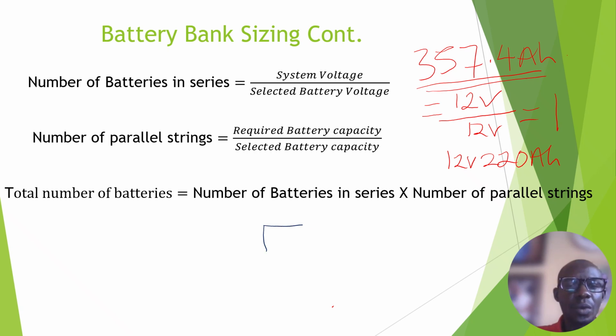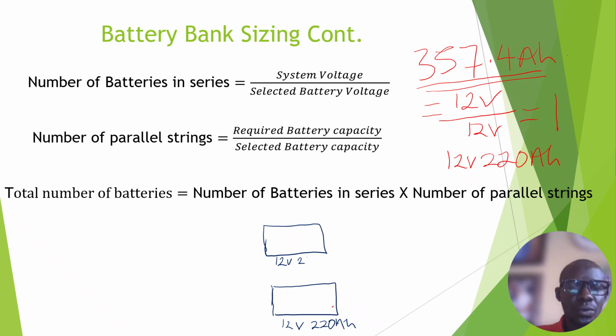This is one battery, and this is another battery, and this one is a 12 volts 220 Ah battery, and likewise this one too is 12 volts 220 Ah. So this is the positive terminal, this is the positive terminal, and this is the negative, this is the negative.